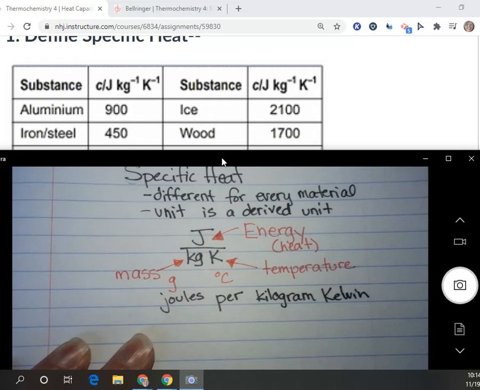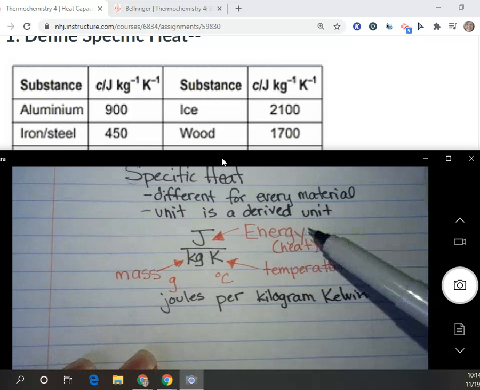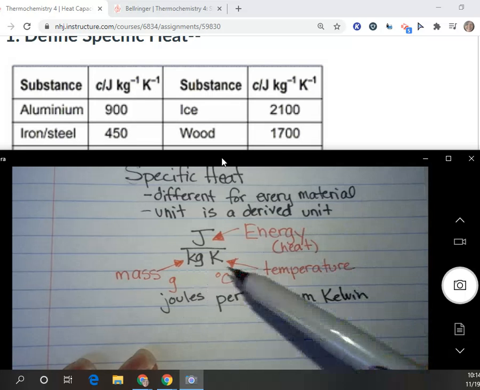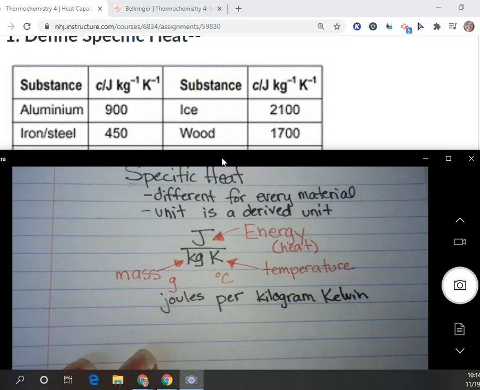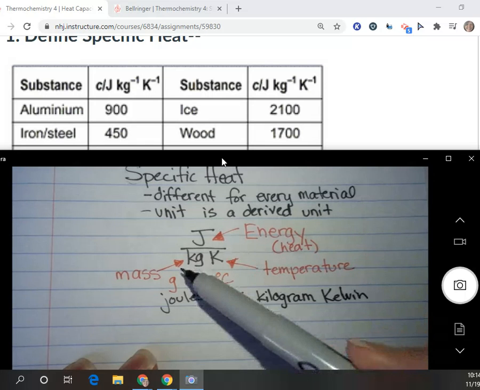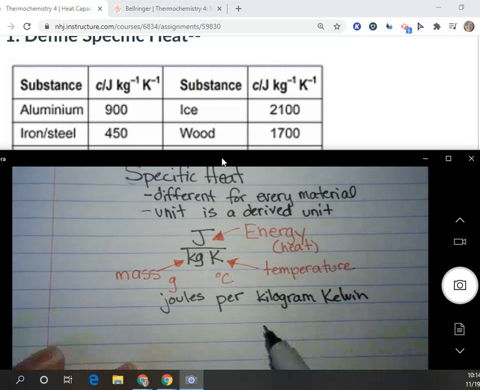And when you say that, you are literally saying an amount of energy per a unit of mass times the temperature. So an amount of energy for each kilogram degree Kelvin. And that is the definition.